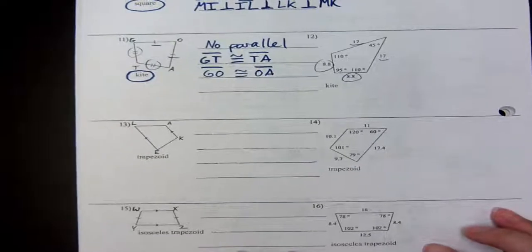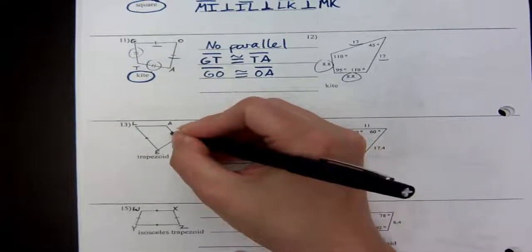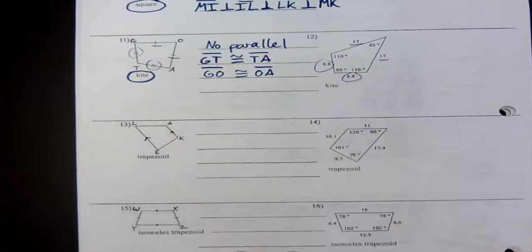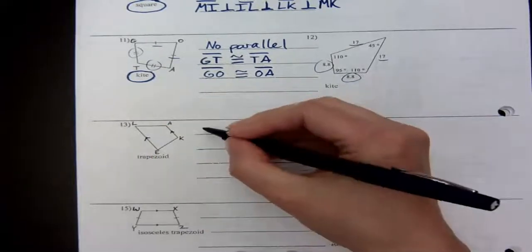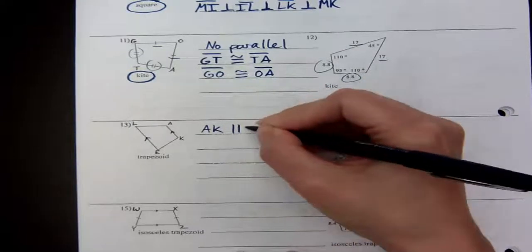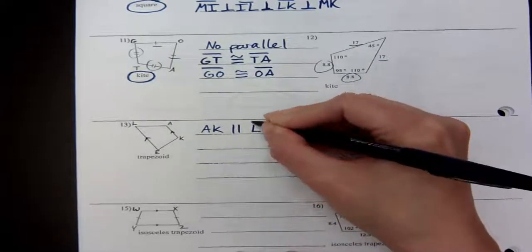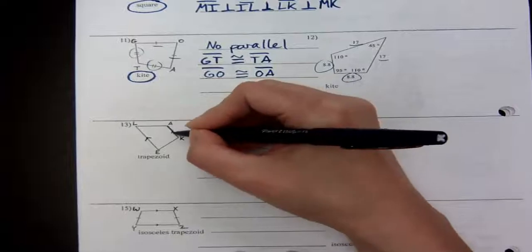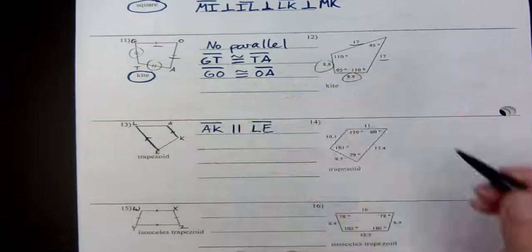Next we have our trapezoid. So for a trapezoid, we have one set of parallel lines opposite. So we have AK is parallel to LE in this one. This side is parallel to this side.